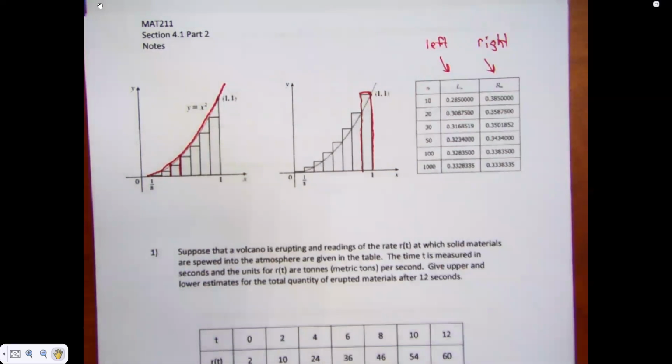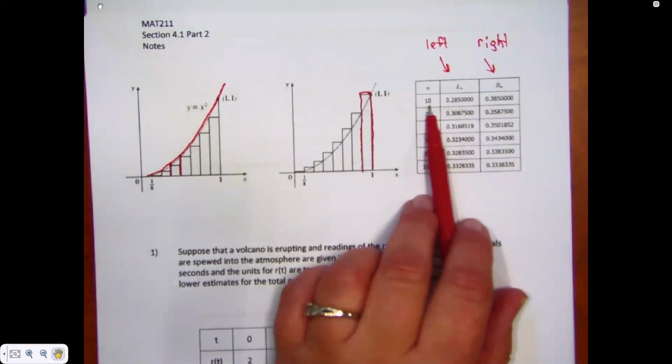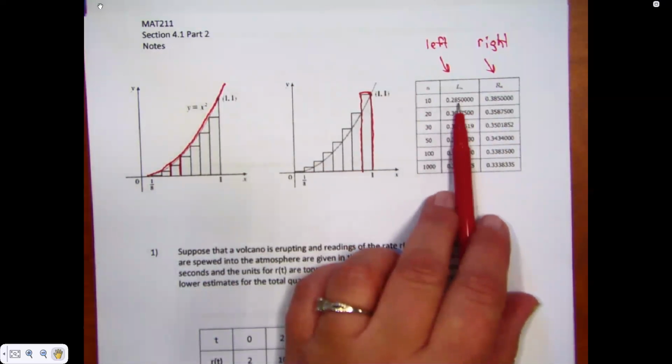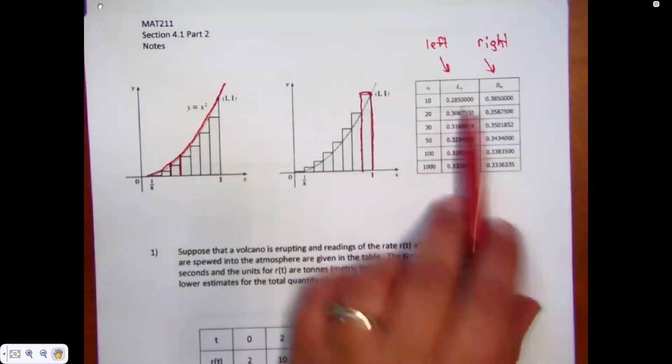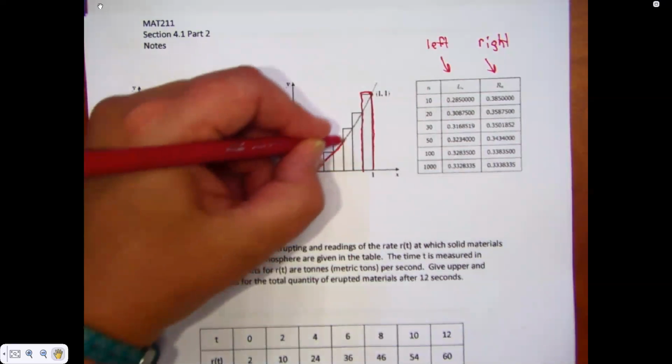Now we are approximating the areas. When we do 10 rectangles touching the left side, we get an area of 0.285. That's the same area from here to here.